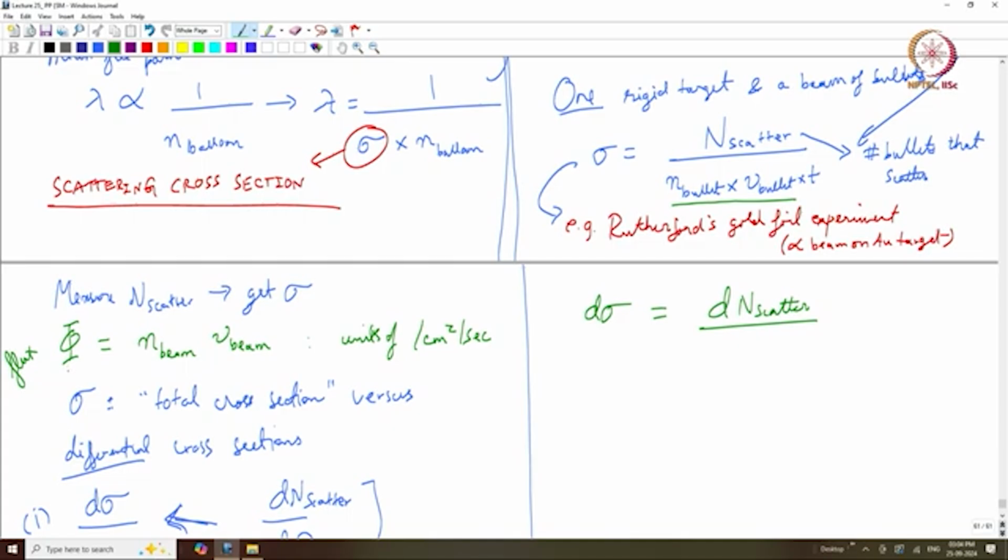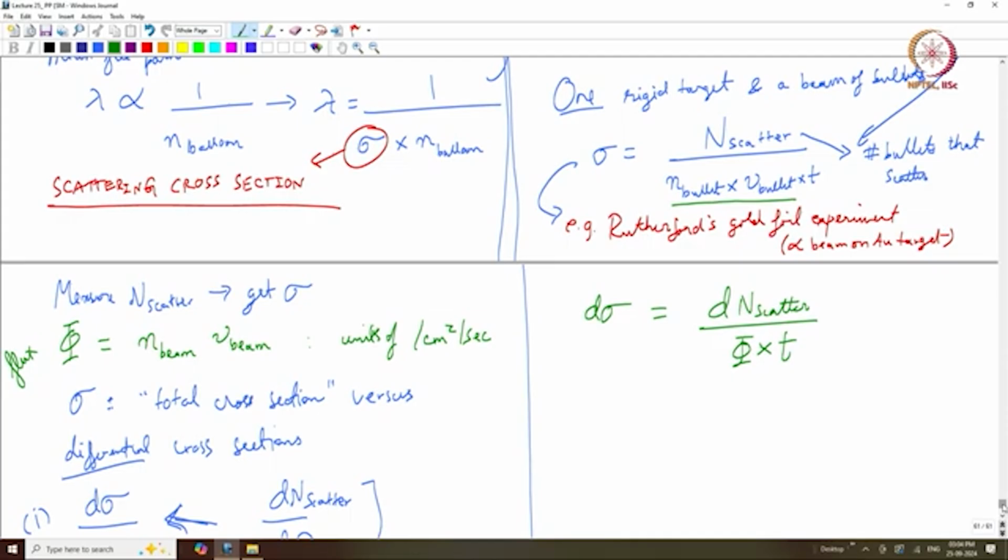Just the flux, right? So might as well write it as just the flux times the time it takes for the whole scattering to happen. Okay? This is a lot more general than what we've been doing before.